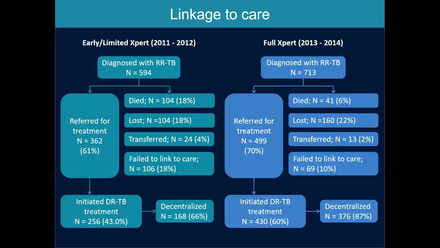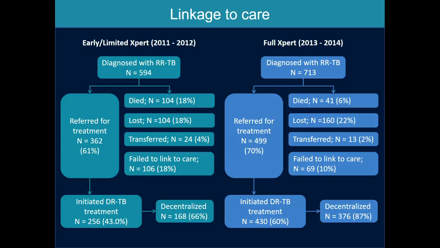When we look at the full Xpert cohort, we had 713 and 70%, so a 10% increase in the referral. Mortality before treatment could be initiated decreased from 18% down to 6%. Loss to follow-up, however, increased from 18% to 22%, so a 5% increase there.